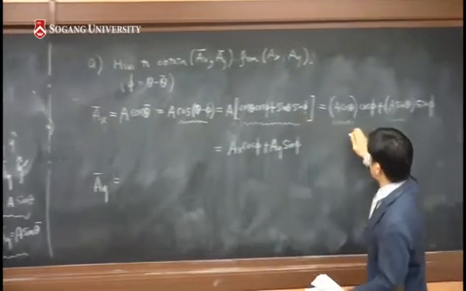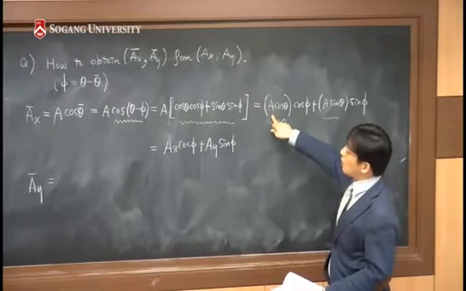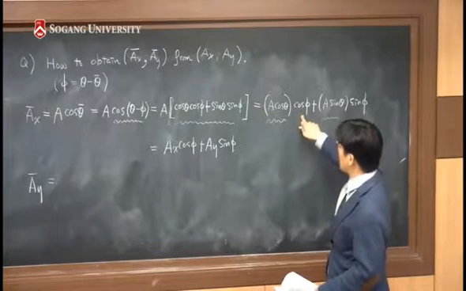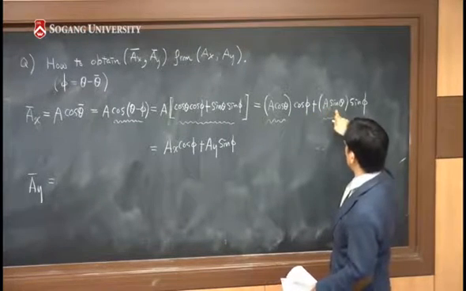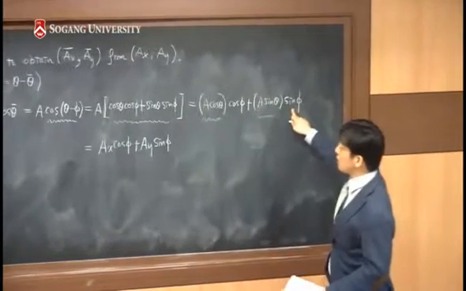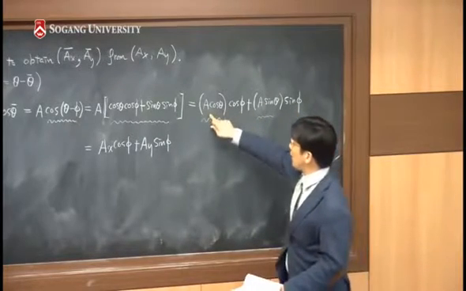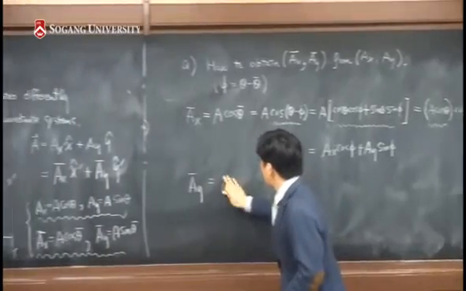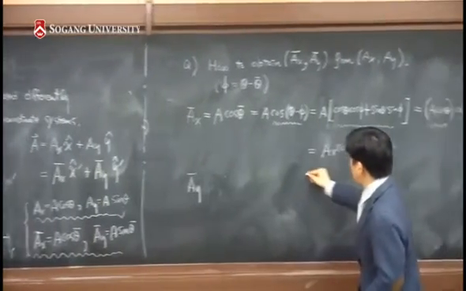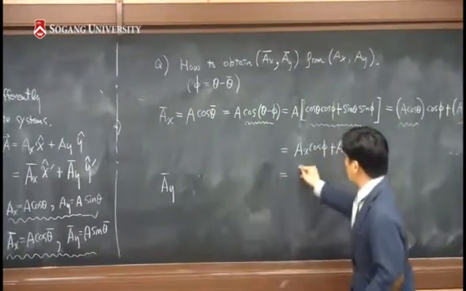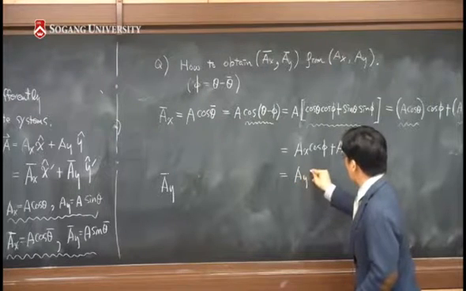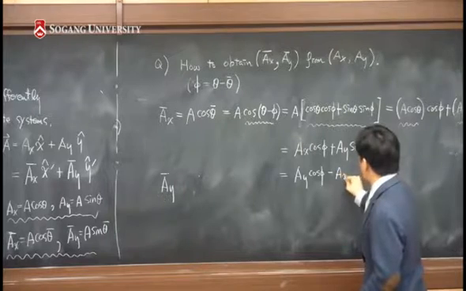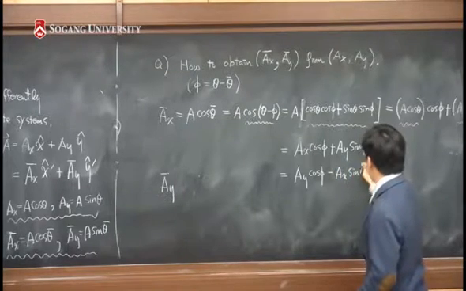So which will be a sine pi minus a cosine, and in the same way, if you apply the same thing, a y will be a y cosine pi minus a x sine pi, like this. Okay?